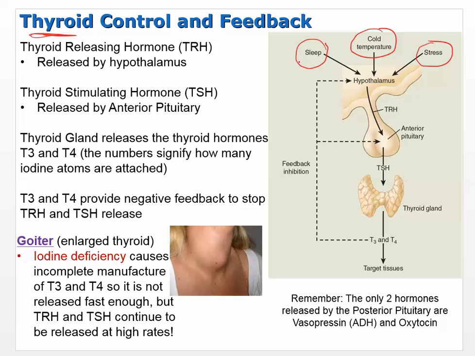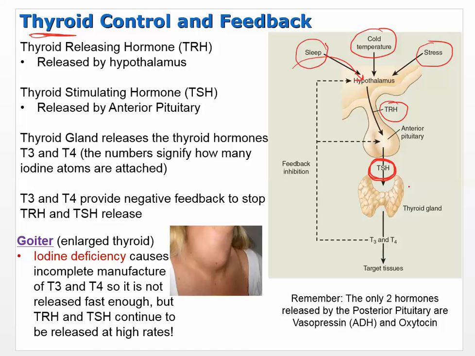These things can be communicated to the brain, and then via the hypothalamus, it will cause the hypothalamus to release thyrotropin or thyroid releasing hormone. Thyroid releasing hormone, TRH, is released from the hypothalamus, and it just goes a short distance down to the anterior pituitary. That will trigger the anterior pituitary to release thyroid stimulating hormone, which will stimulate the thyroid gland.